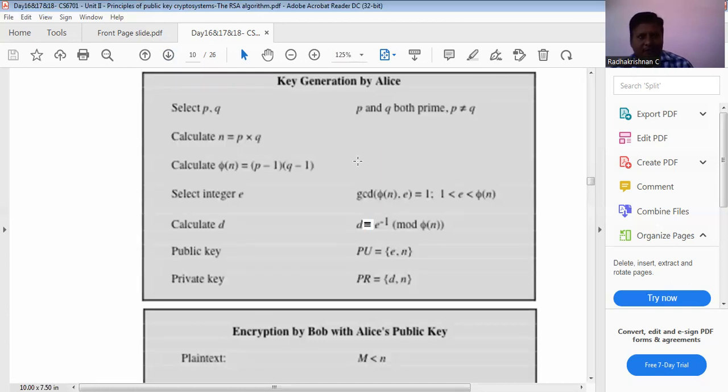Then calculate the n value, which is p times q. Calculate the totient function of n, which is (p minus 1) times (q minus 1).